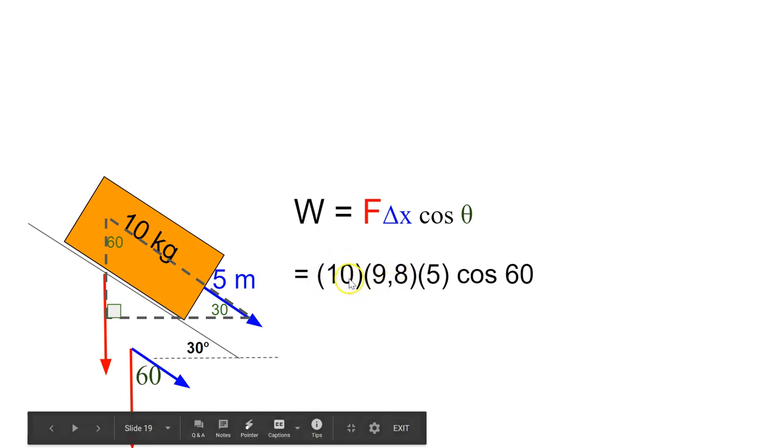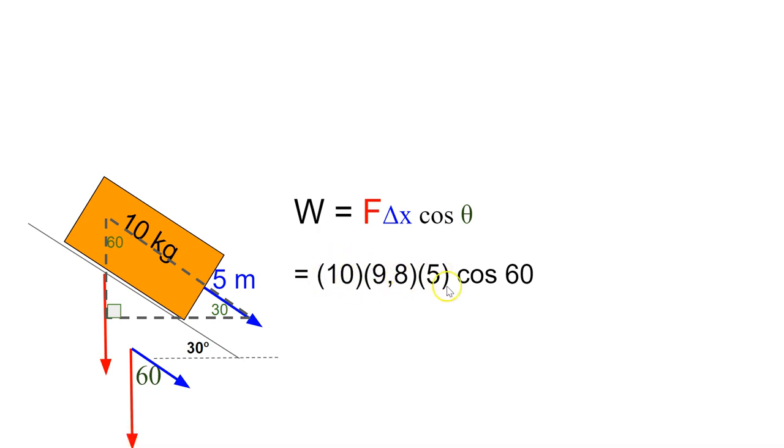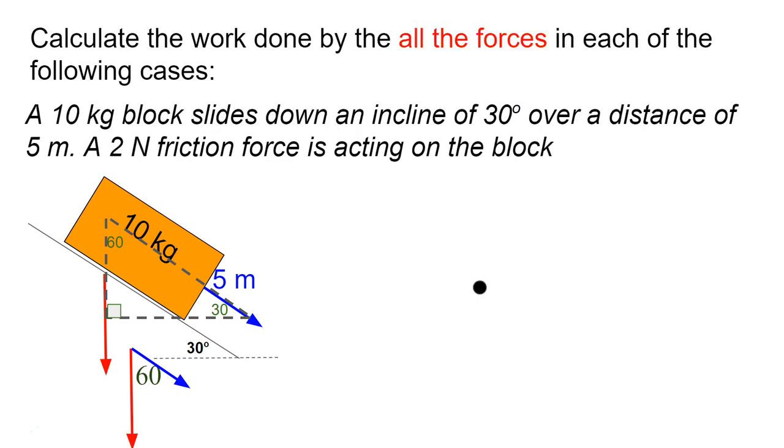So that gives me 10 times 9.8 times the distance that this one is traveling, which is 5 meters, times cos of the angle between the direction in which it travels and the force, which I just showed you why this is 60 degrees. If I calculate all this on my calculator, I get a total work done by the gravitational force as 245 joule.